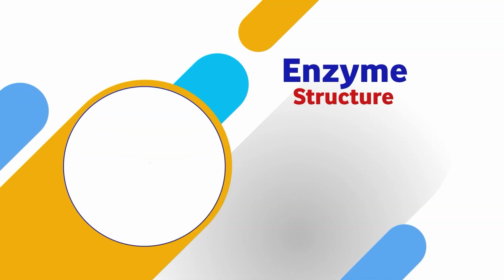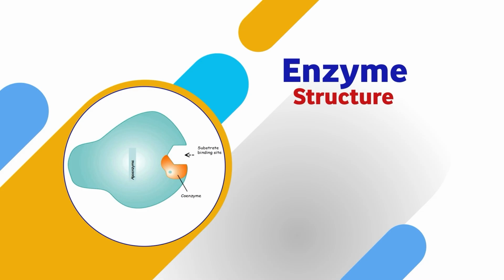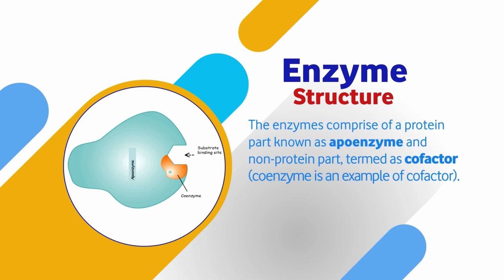We already saw that an enzyme is a protein, and it performs the reaction, but we have to know the structure of the enzyme so we can use it in a better way. The enzyme comprises a protein part, known as apoenzyme, and a non-protein part, termed cofactor.